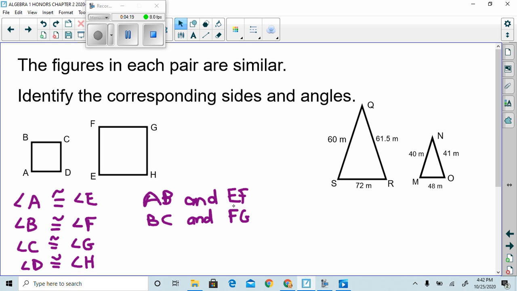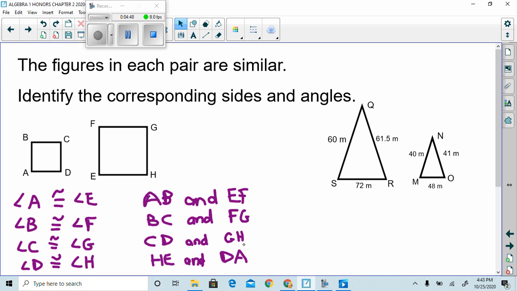Let's go on to CD. CD corresponds to GH. And lastly, we have HE. I'm sorry, we have, I guess we have HE here corresponds to DA. Try to keep it in the same order, okay?